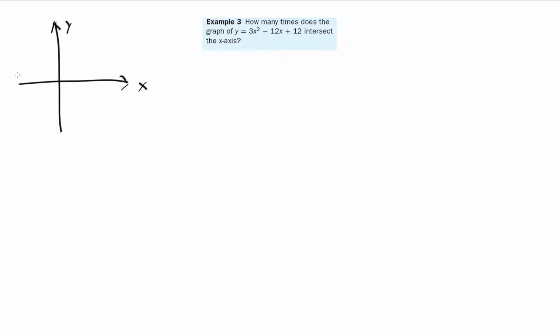So if I want to know where it crosses, what I'm looking for is when 0 equals 3x squared minus 12x plus 12. And what we've just learned about the discriminant is we don't need to do the whole calculation to determine this. We just need b squared minus 4ac.